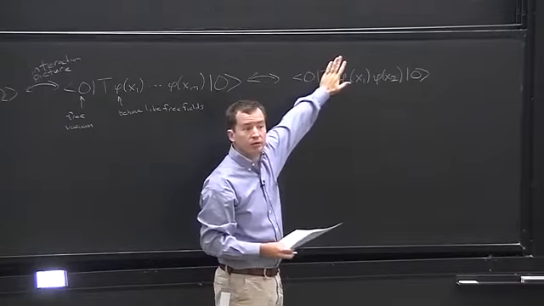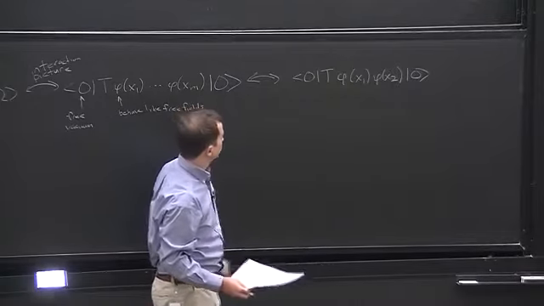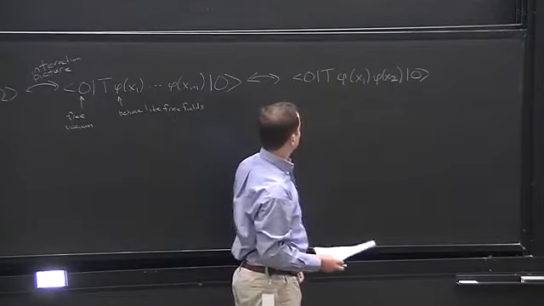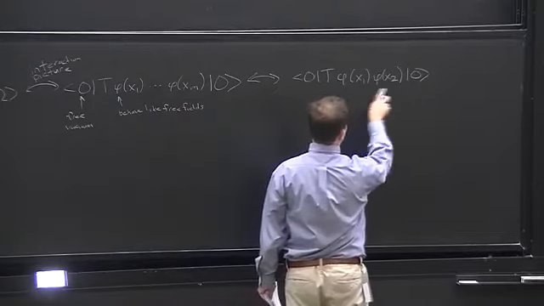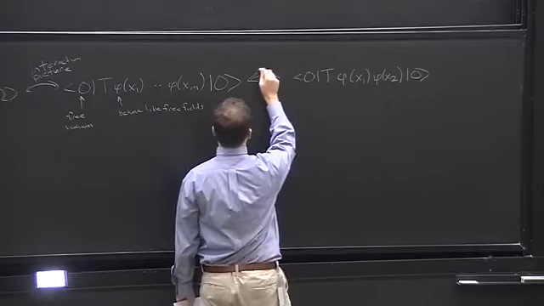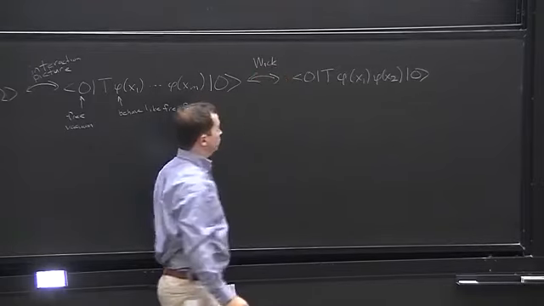We just didn't have this time ordering symbol, and we were looking at outside the light cone. But you can repeat the calculation without too much change to get this time-ordered product of two fields, also known as the propagator. And we'll do this using Wick's theorem.